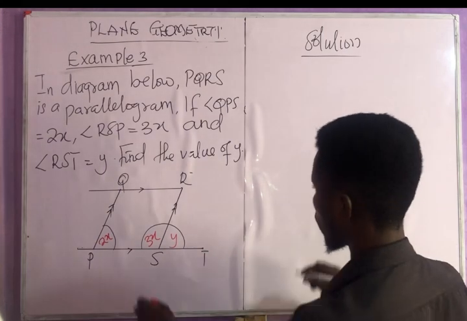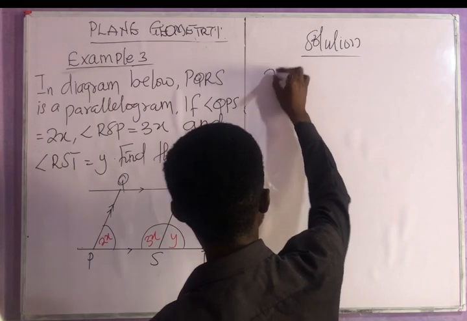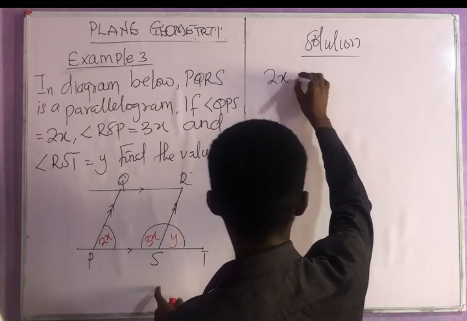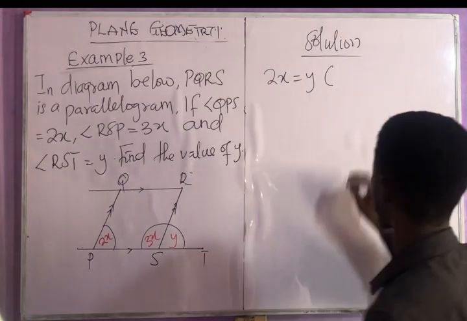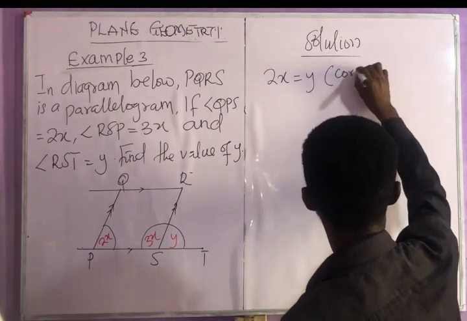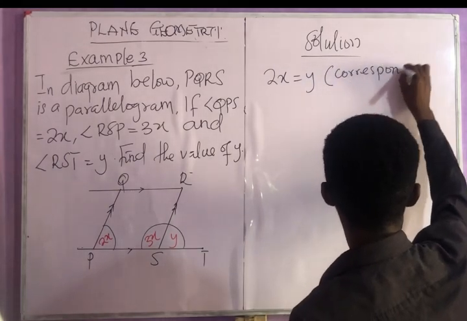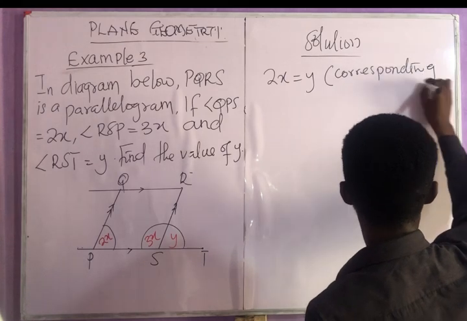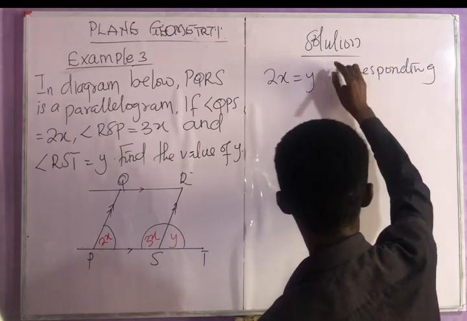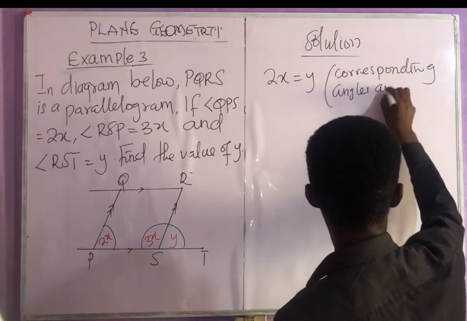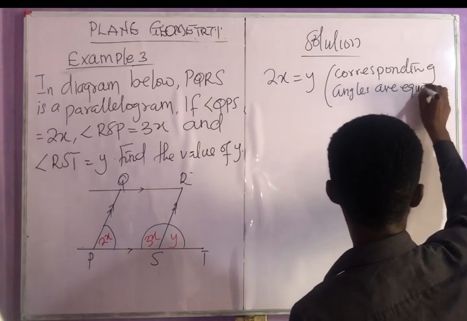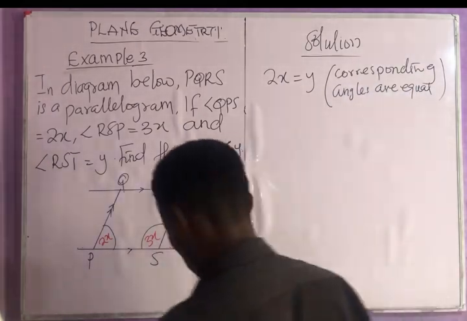So we are saying that 2x is equal to Y. And the property is: corresponding angles are equal. Is that okay?